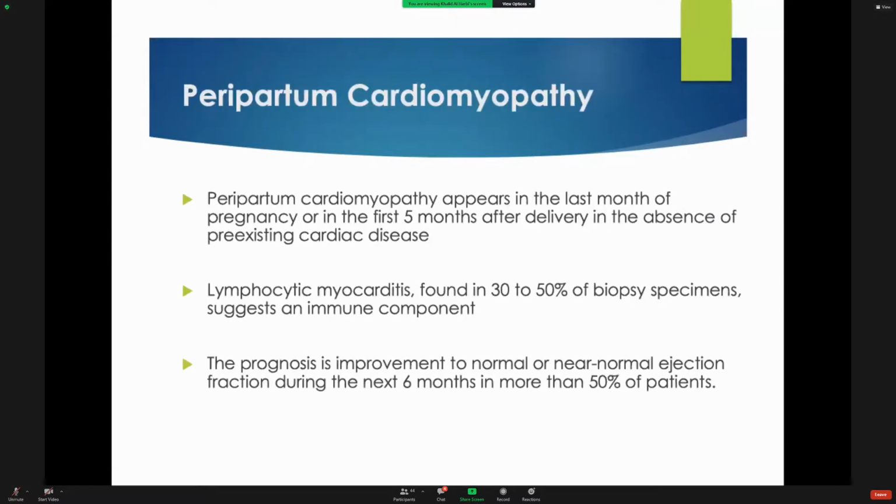Peripartum cardiomyopathy is very important. It appears in the last month of pregnancy or in the first 5 months after delivery in the absence of pre-existing cardiac disease. The ejection fraction might normalize after 6 months in more than 50% of patients.